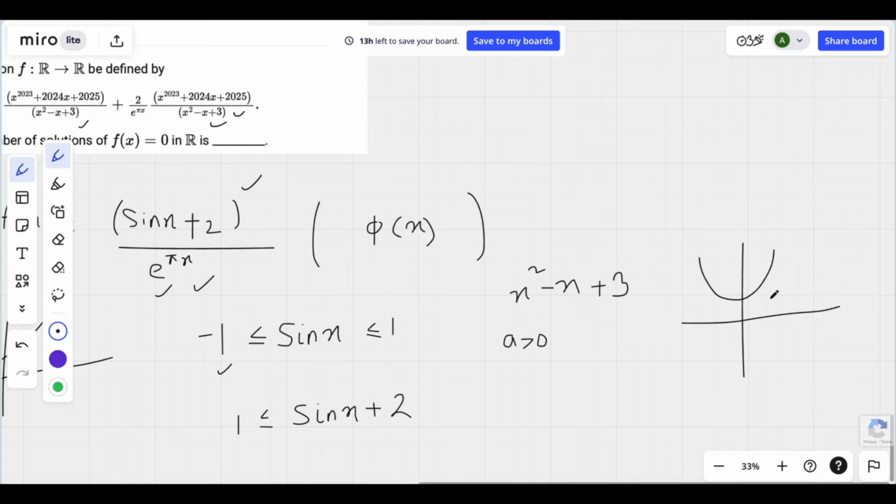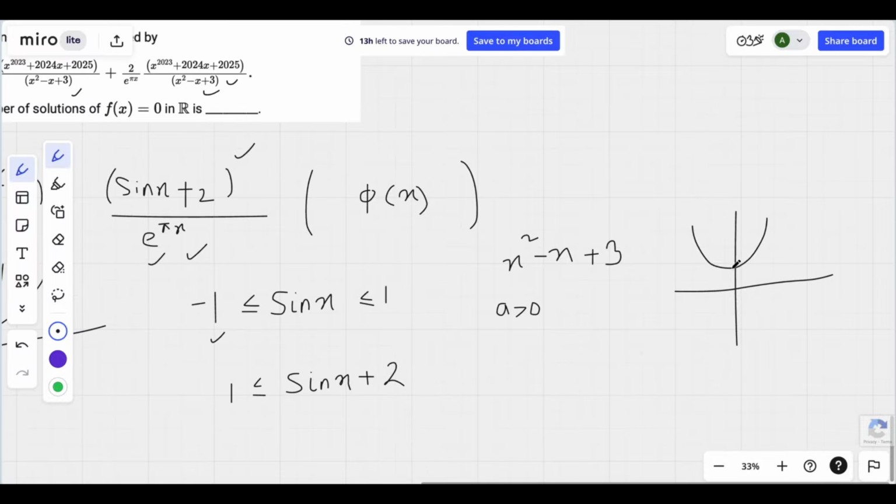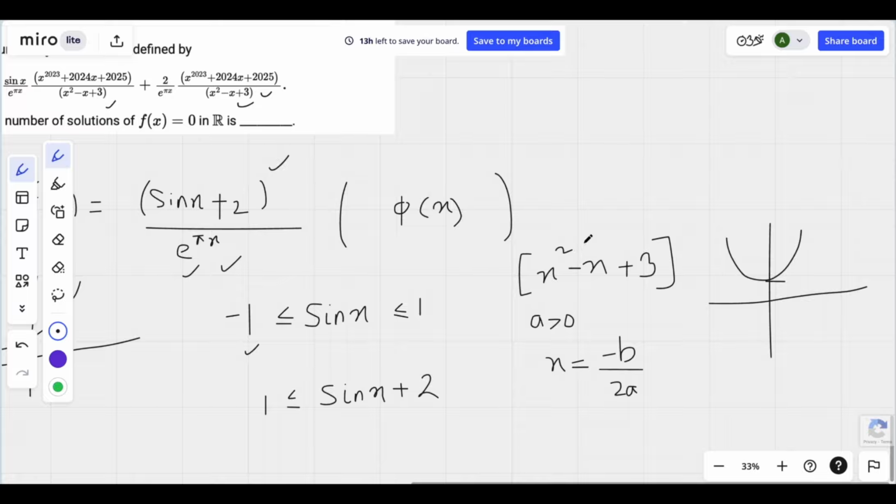Also the minima is at x equals minus b upon 2a, which will also be a positive value because our b is minus 1 and minus minus 1 cancels to give a positive value. So we can see from the graph that this function will always be positive, no matter what value of x we put.